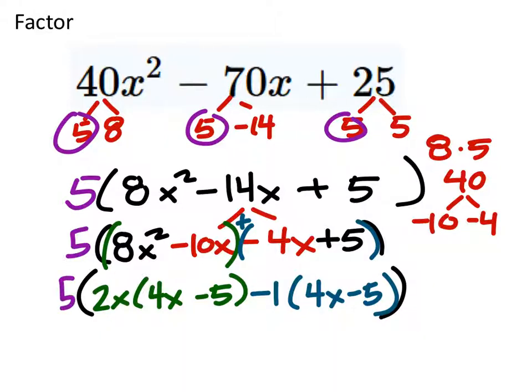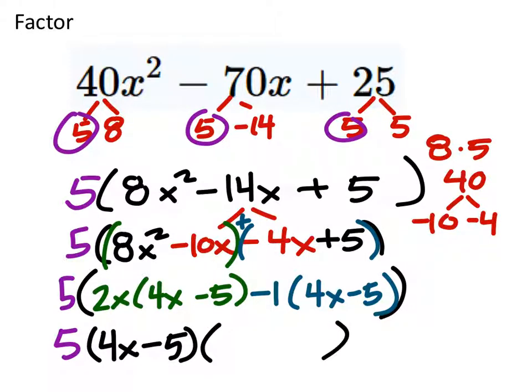Yeah, we got the 5 in the front. So now I've got the 5 in the front, but I've factored out this 4x minus 5 from both of those terms. And then all that was left is the 2x minus 1. And that will do it for this problem.